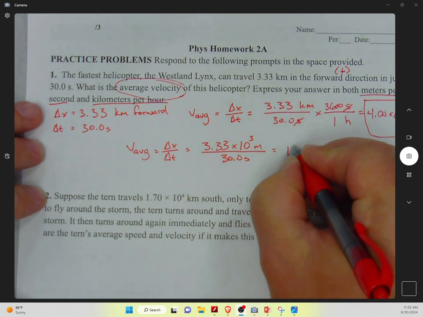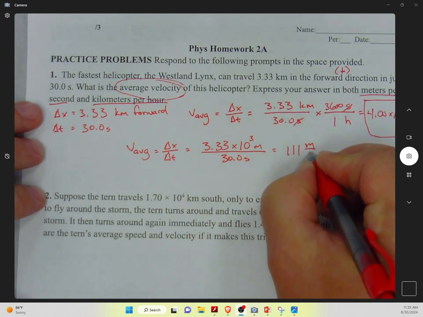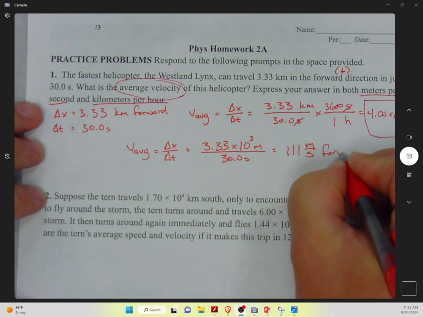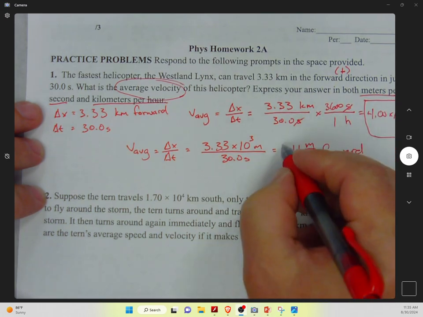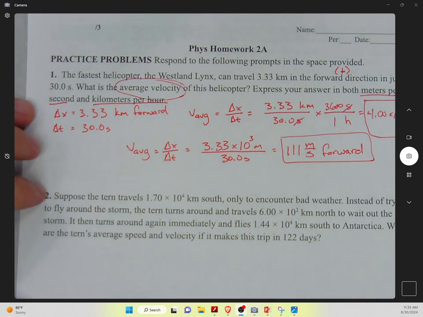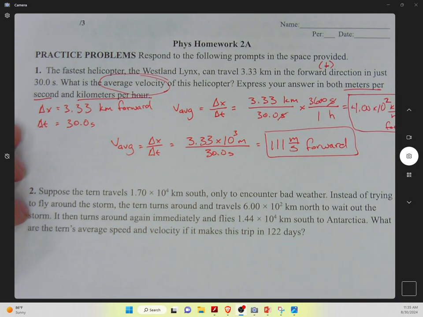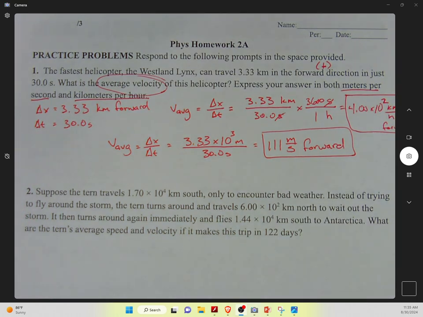And this will end up being 111 meters per second forward. So these are the same velocities, just using different units. Okay? Any questions on number 1?